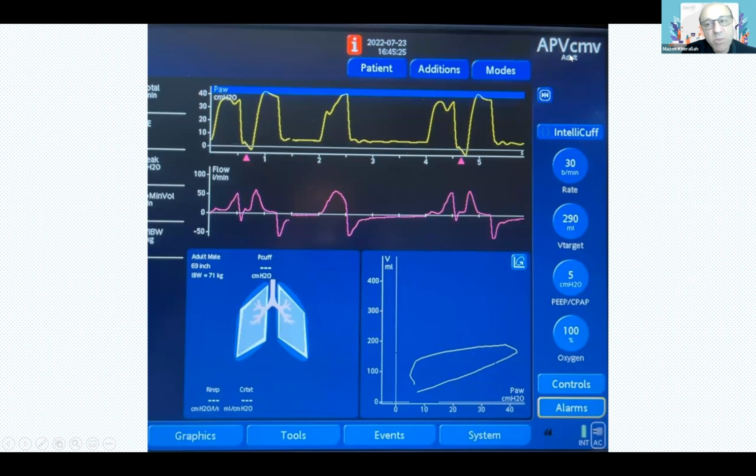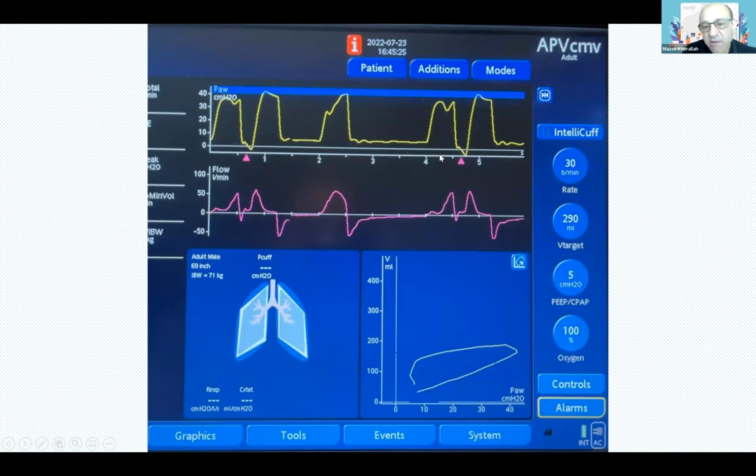Of course, this is ABV, CMV, meaning that it's a pressure regulation, and that's why you see the decelerating flow wave. The second one will be given at the same level as the first one here, and resulted in similar tidal volume for the patient. I don't have the volume here, but you can see that there's minimal expiration here, but the second breath started right after the first one before complete exhalation.